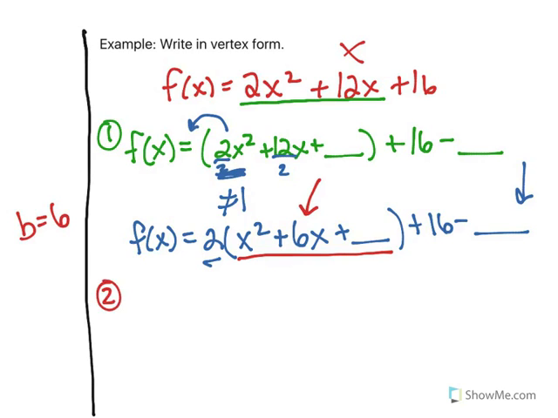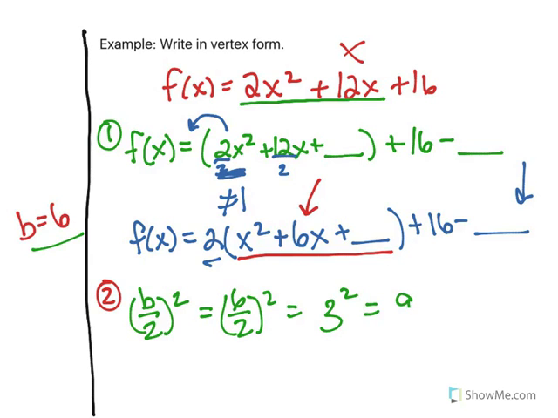So for step 2, you're going to take b divided by 2 squared to figure out what to fill in the blank. B is 6, so we have 6 divided by 2 squared equals 3 squared equals 9. So that's the value that we're going to plug in right here, 9.